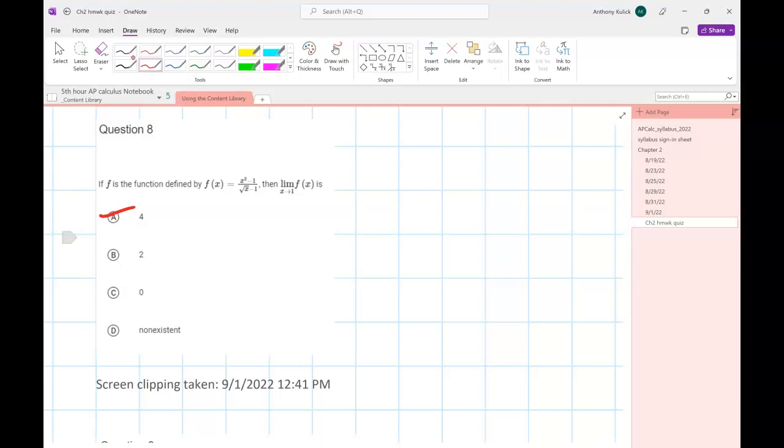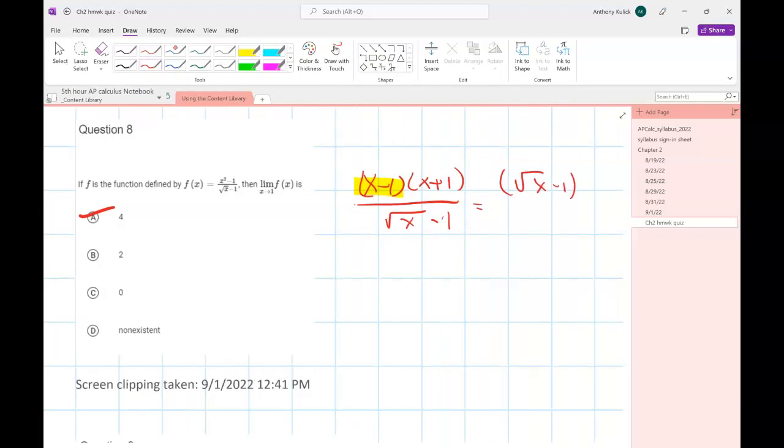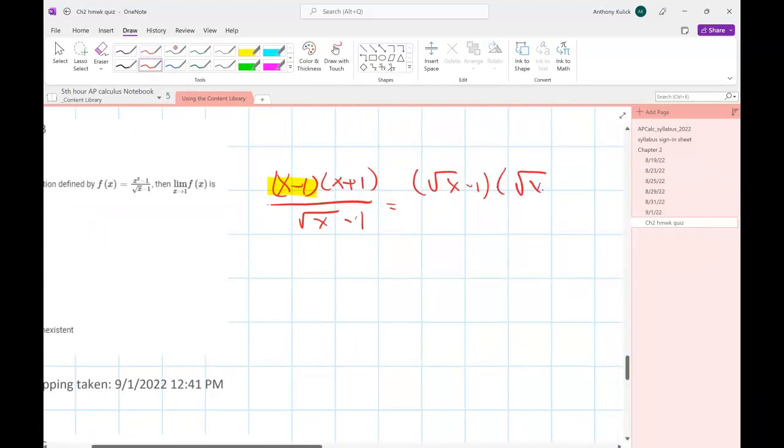So again, here's another limit. If you try doing this by substitution, you're going to get 0 over 0. So again, there's going to be some clever factoring that we're going to do here. So the way I would think about it is, okay, I do my difference of two squares factoring. And this is also, I'm going to think about as a difference of two squares. How sneaky is that?